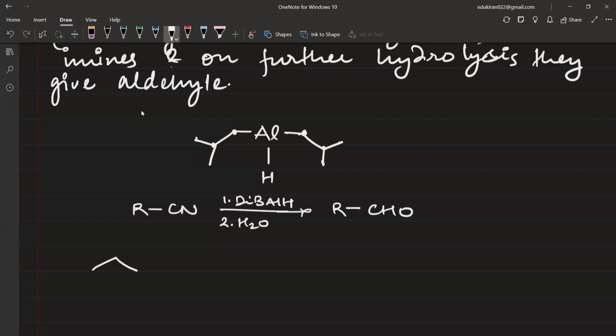Even if you have any unsaturation, it is not going to hinder it. It is just going to reduce this nitrile, giving you RCHO.